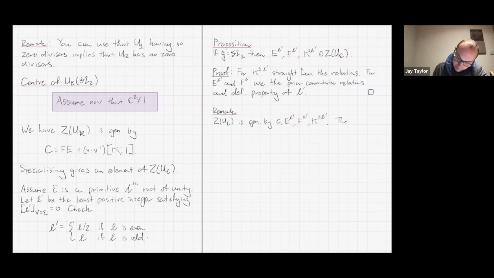So the algebra generated by E^l', F^l', K^l' is the analog of the p-center, and the algebra generated by C is the analog of the Harish-Chandra center.